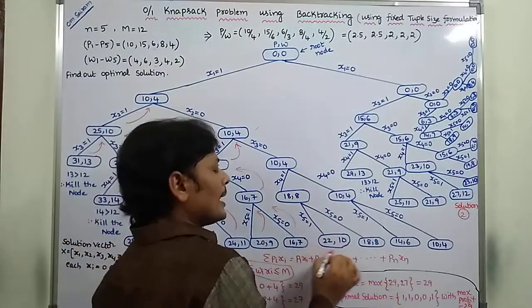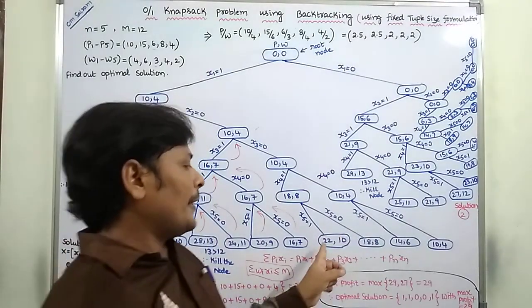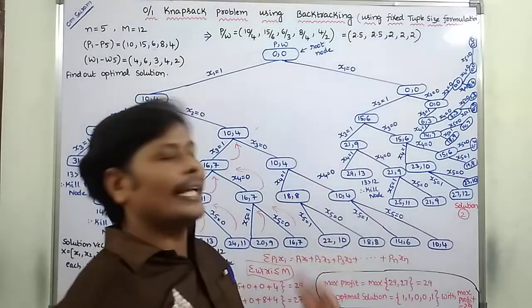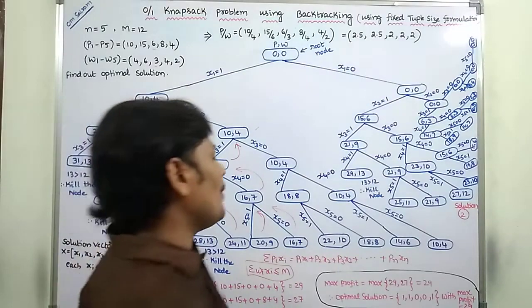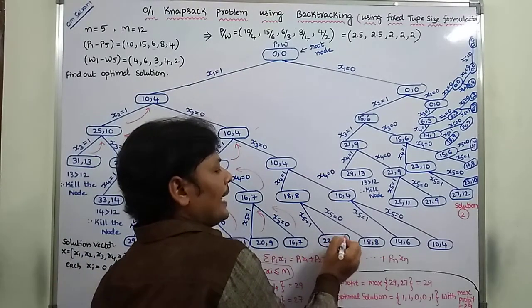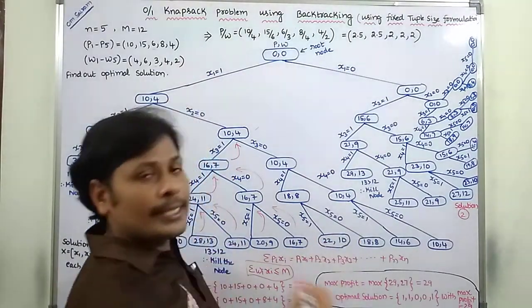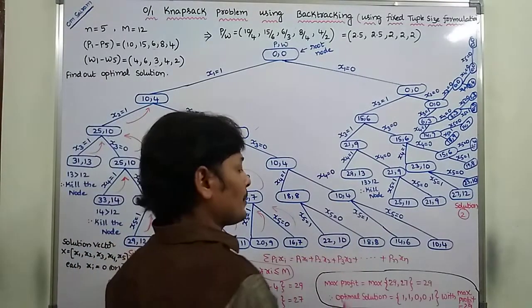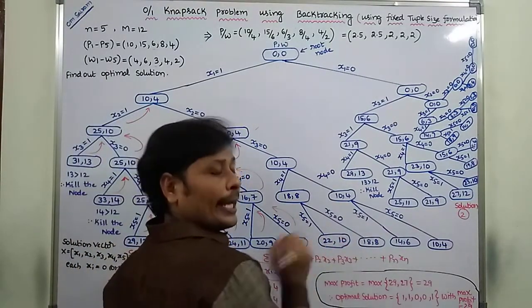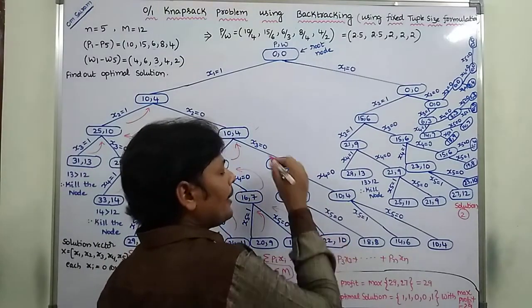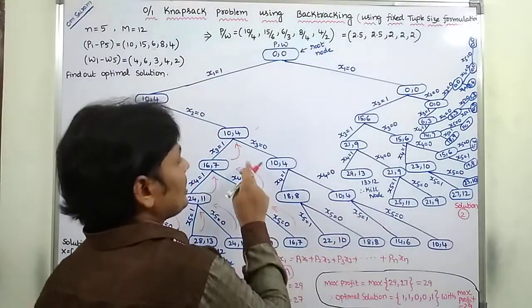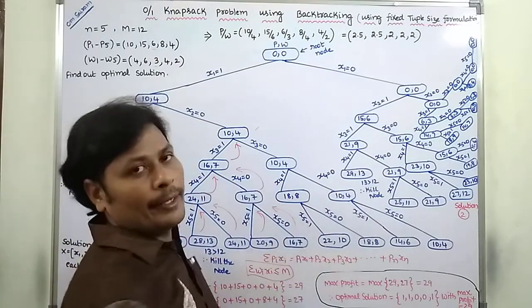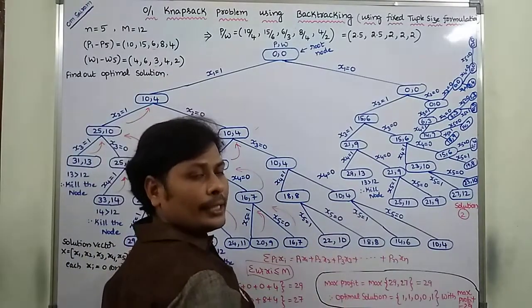So after considering the fifth object, the profit value is 22 and weight value is 10. Okay. So sum of the weights of the objects that we are considered is less than or equal to the capacity of the knapsack. So that we have to extend that node, but already 5 objects are completed, x1, x2, x3, x4, x5. So we do not extend that node.